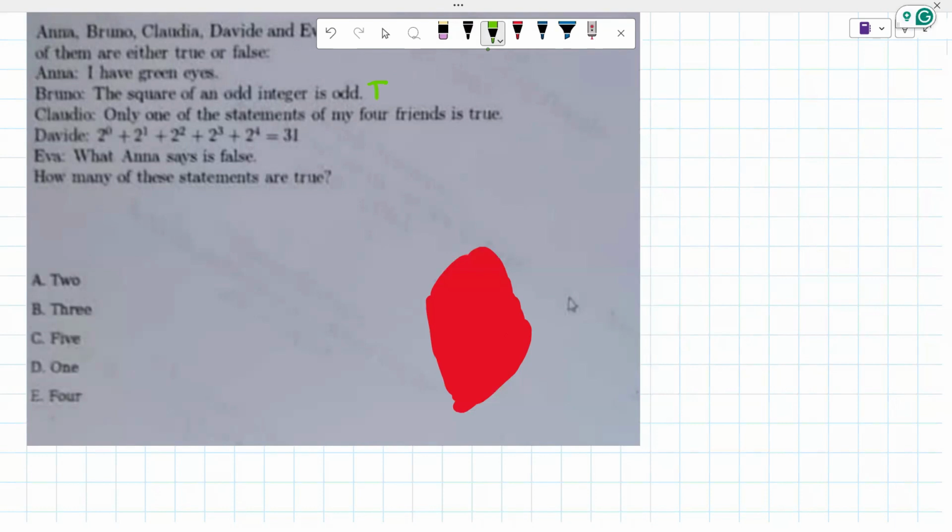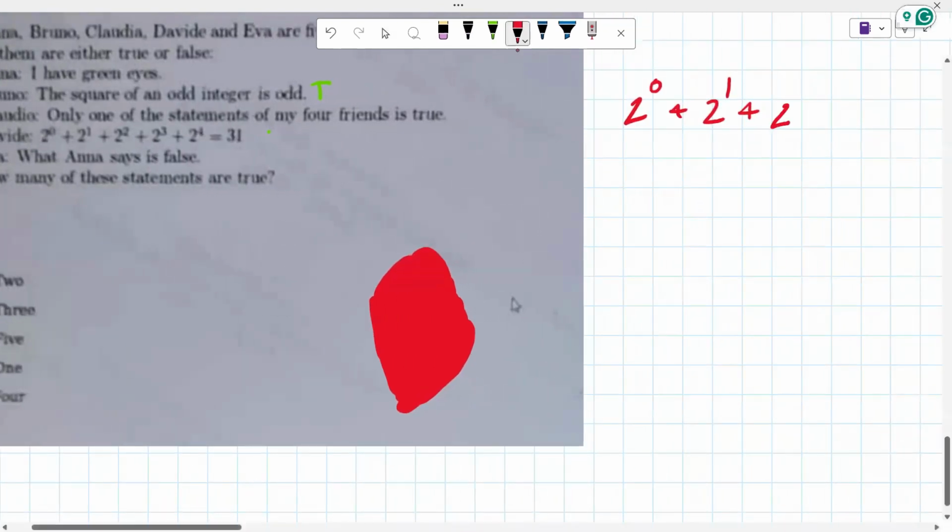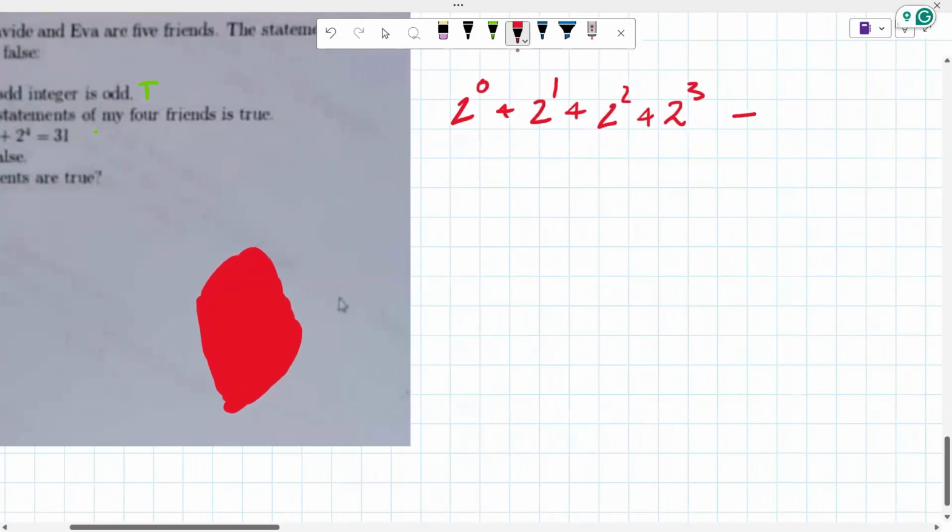Which statement can we also calculate? For example, Davide has just a mathematical problem. Let's check if it's true or not. It says 2 to the power of 0 plus 2 to the power of 1 plus 2 to the power of 2 plus 2 to the power of 3 plus 2 to the power of 4 is equal to 31.